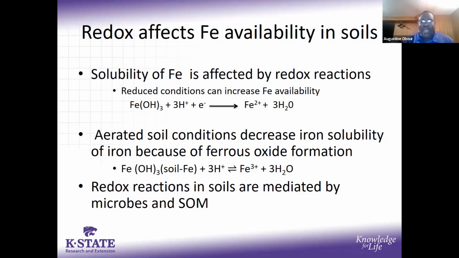This process, like I mentioned, is mediated by microorganisms in the soil that can use iron in the soil, and then can cause either oxidation or reduction of the iron. So these processes have a significant impact on solubility of iron in the soil.